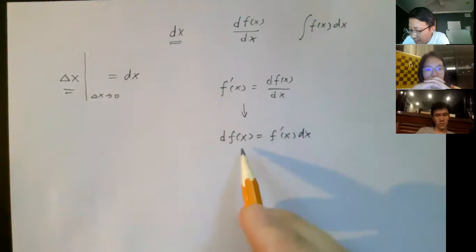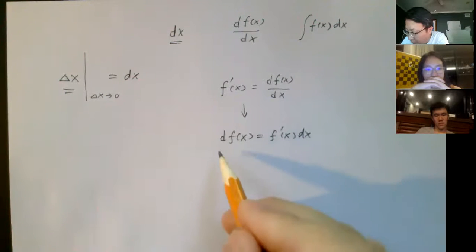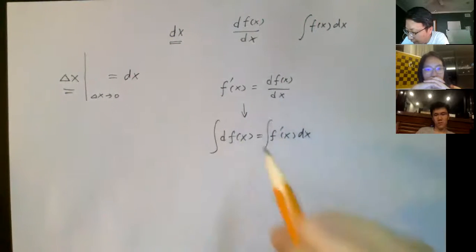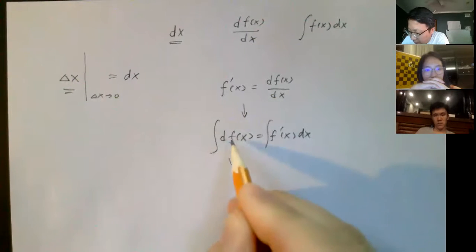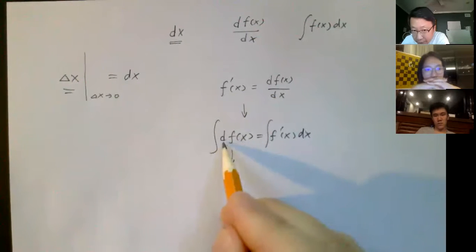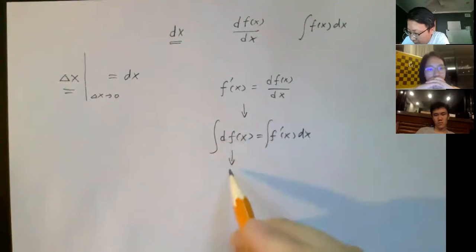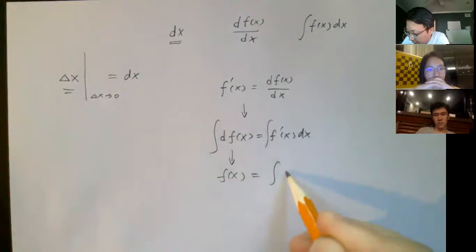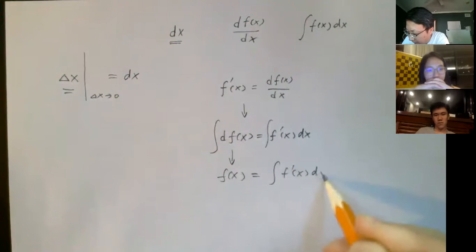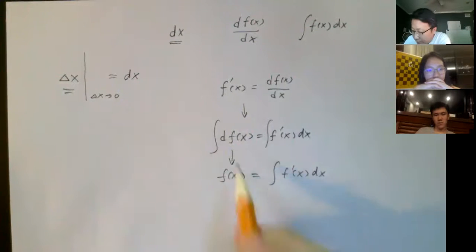For example, from here you can say, oh, let me do the integral on both sides. So therefore, this integral of a d change eventually becomes f(x). So this side is basically, right? So you can do this kind of operation, no issue, okay?